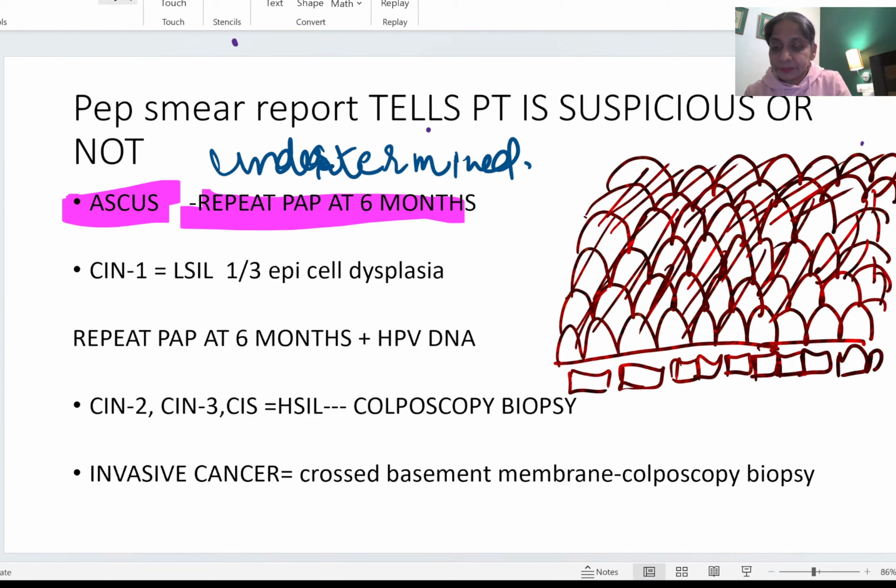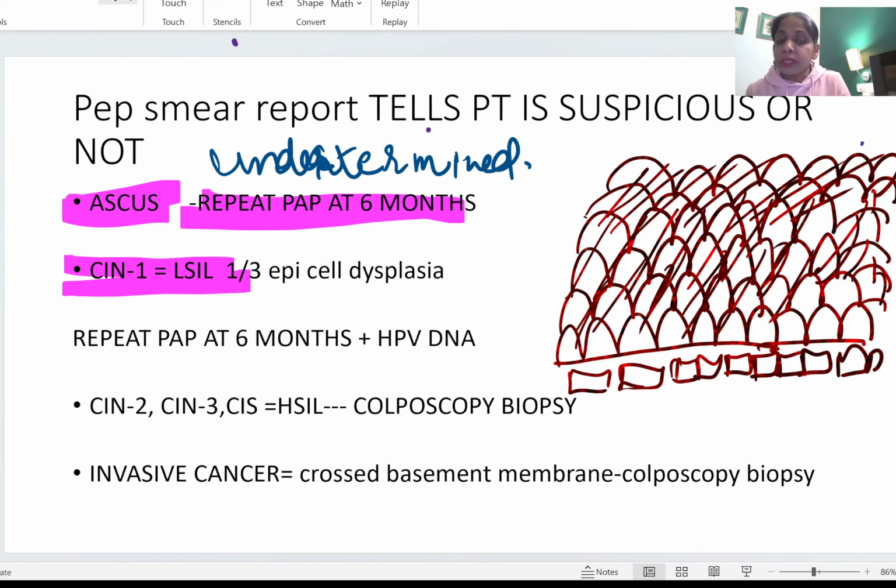Got it? So one thing is this, and second is CIN1. What is CIN1? CIN1 is in the dysplasia classification, and CIN1 means LSIL, low grade squamous intraepithelial lesion.